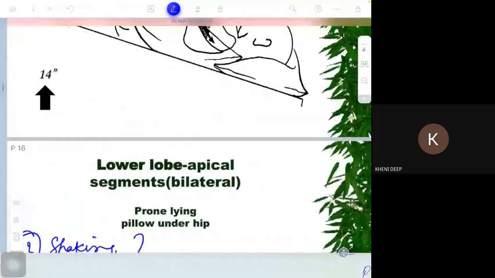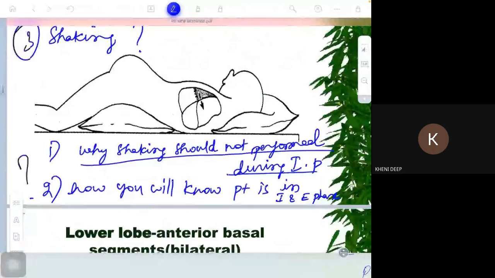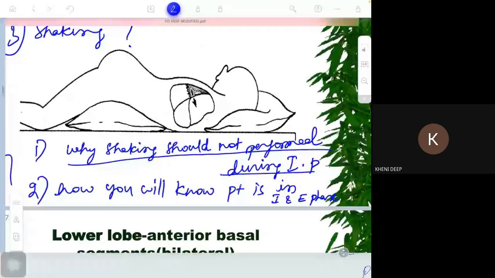Here I had asked this question. Why should shaking not be performed during the inspiratory phase? Shaking should not be performed during the inspiratory phase because the secretions will mobilize peripherally. Instead of mobilizing the secretions centrally, the secretions will move more peripherally.